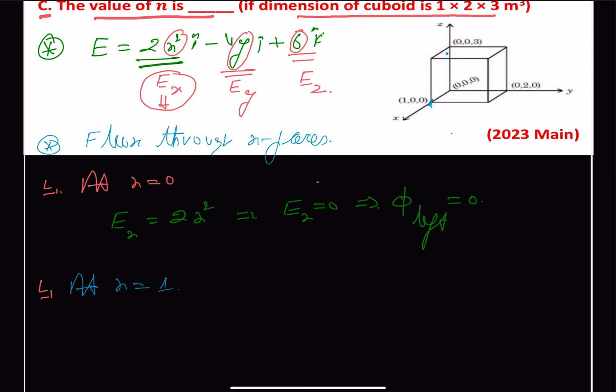So this is front and back, not left and right, sorry. So at x equal to 0 we have the back face, and at x equal to 1 we have the front face.